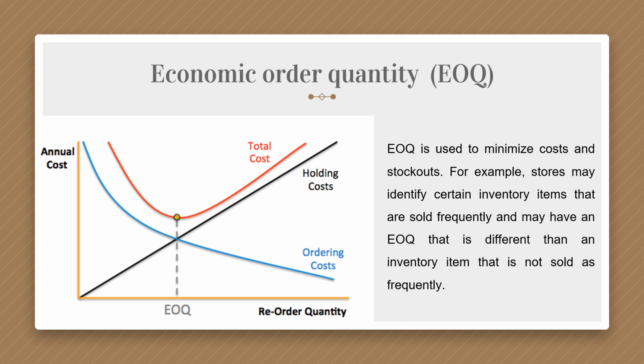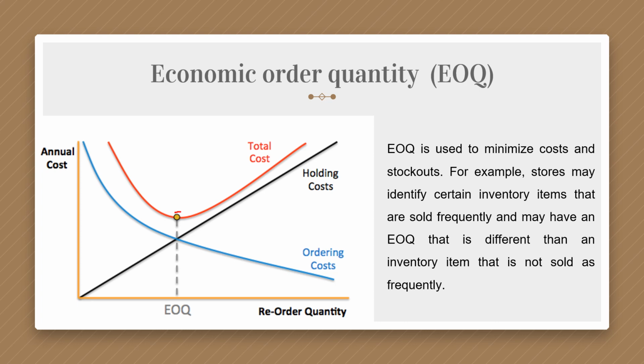Some items are sold fast, and the cost of holding that inventory is less compared to other items that are not frequently moved, and then the ordering cost is less. So by finding the minimum total cost, which combines the holding cost of inventory and the ordering cost, we come to the best EOQ.